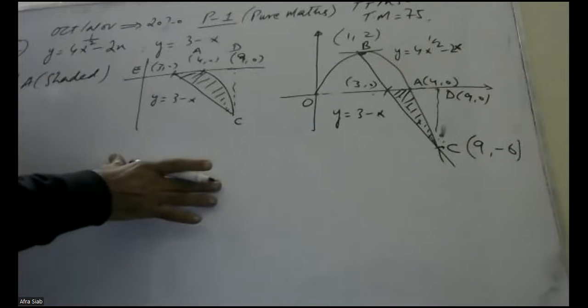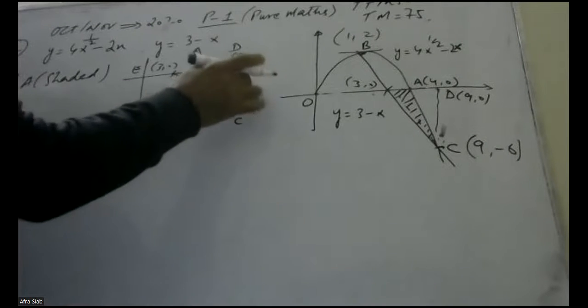So this portion is A. Let's say this is D, we are going to calculate it. If we can calculate the area from this EDC, the total area of this triangle minus the area under this curve, will be the area of the shaded region. So it is, because they are below the x-axis, so we will take the limits from right towards the left.